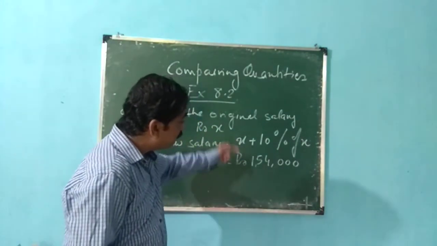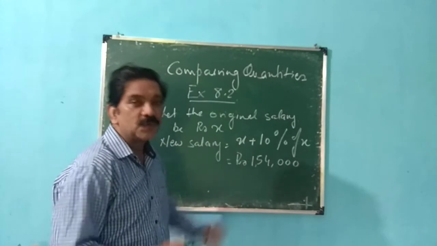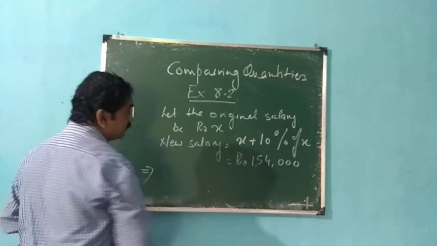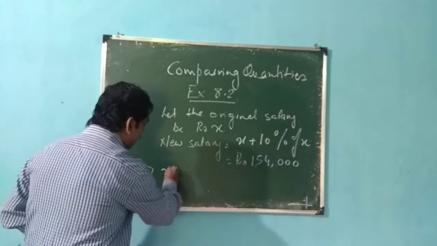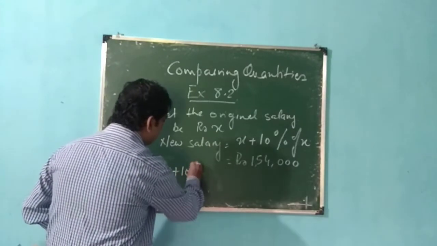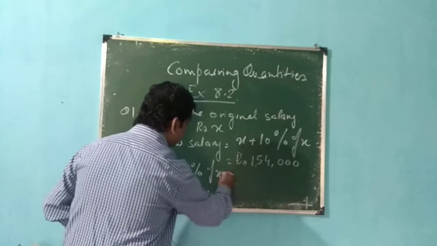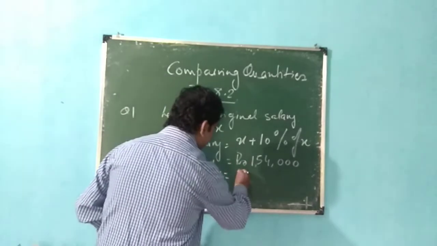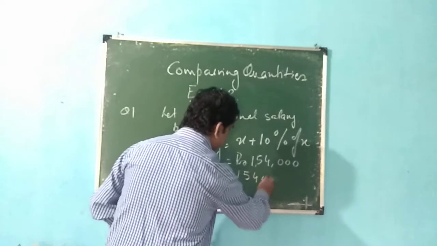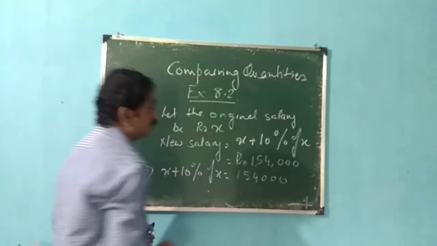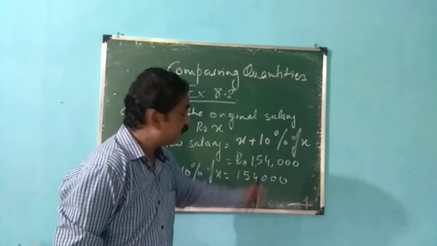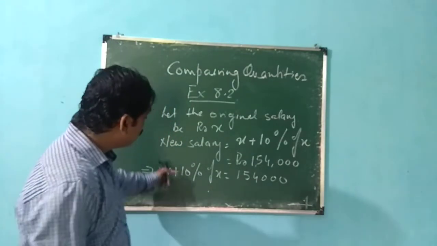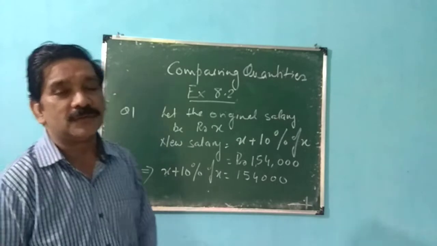Now we will equate these two and get the answer. How? This implies X plus 10% of X is equal to, let us remove this rupees right now, afterwards we'll put it, 1,54,000.